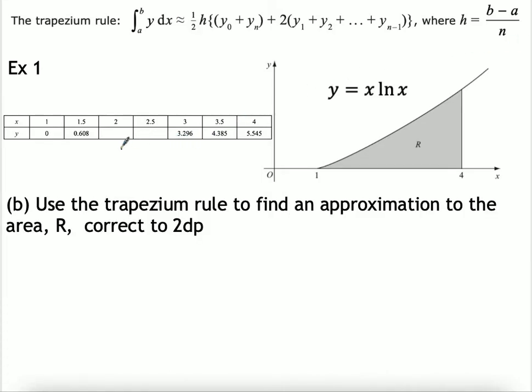So, just need to make a quick note of what we actually got from the previous one. So that's 1.386 and 2.291.